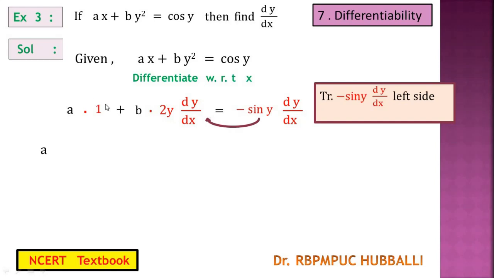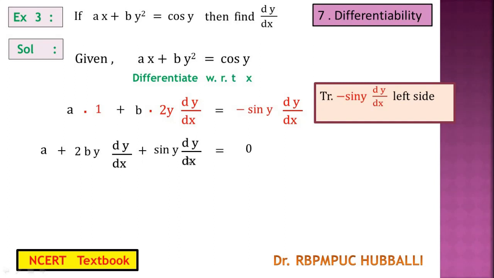So this becomes a into 1 is a, plus, and this we write as 2by into dy by dx. And if you transfer this to the left side, it becomes plus because it is a minus on the right side. So it becomes plus sin y dy by dx equal to 0.